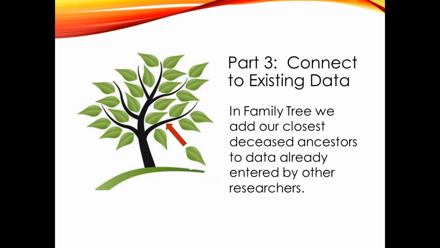If you're starting out in FamilySearch as a new researcher or a researcher who is just coming into your family history research, to try to contribute to what others have already done, how do you connect your immediate family, including your deceased ancestors, to the data that's already in FamilySearch? That's what I'm trying to reveal by this graphic right here. We're not creating the whole tree, we're adding our branch to the tree.